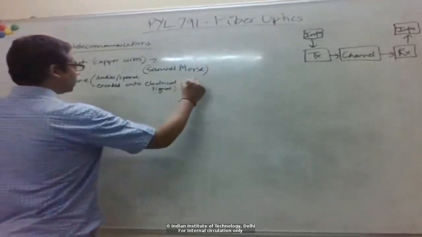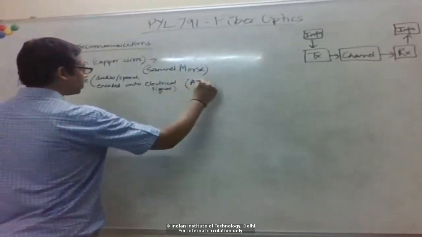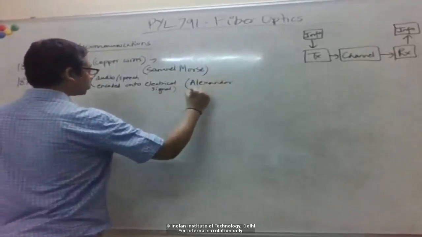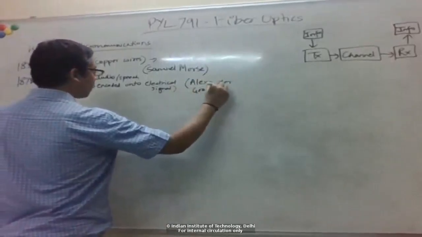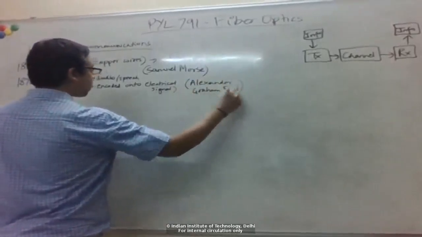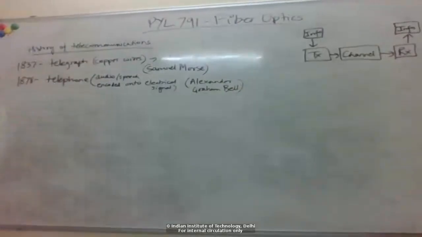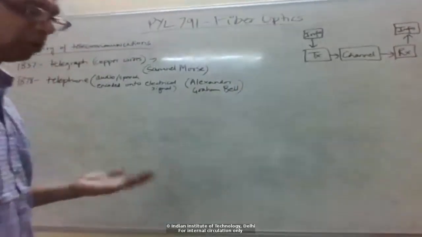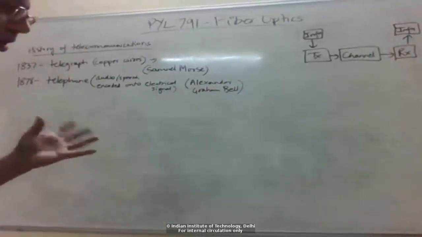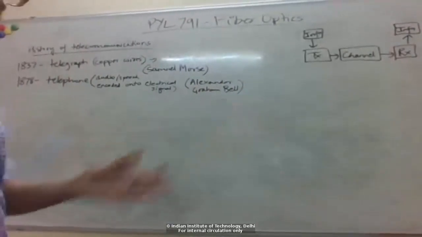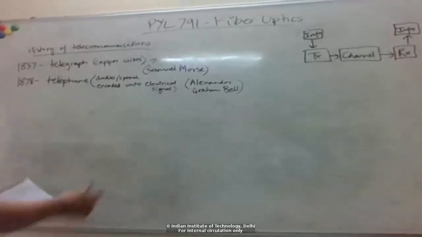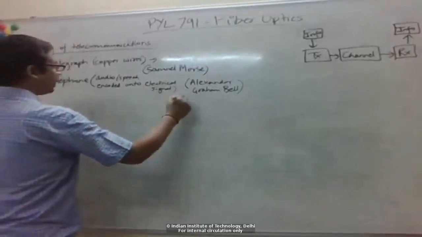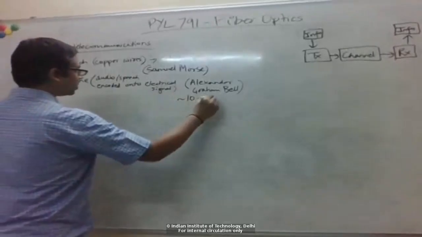This was Graham Bell. Human speech is between tens of hertz to tens of kilohertz, so the speed here was tens of kilohertz bandwidth.